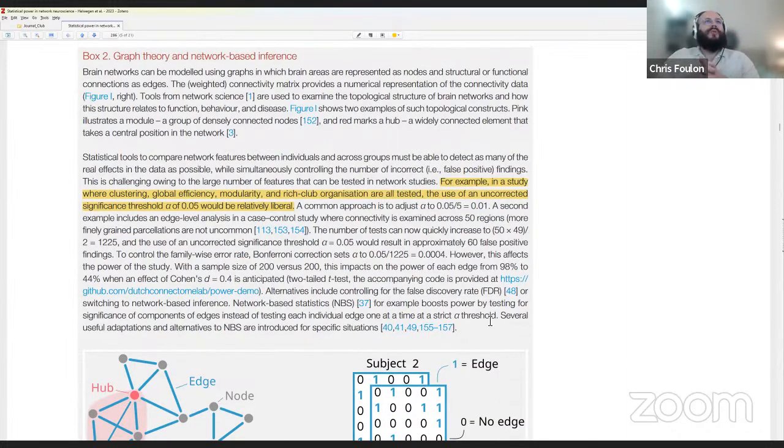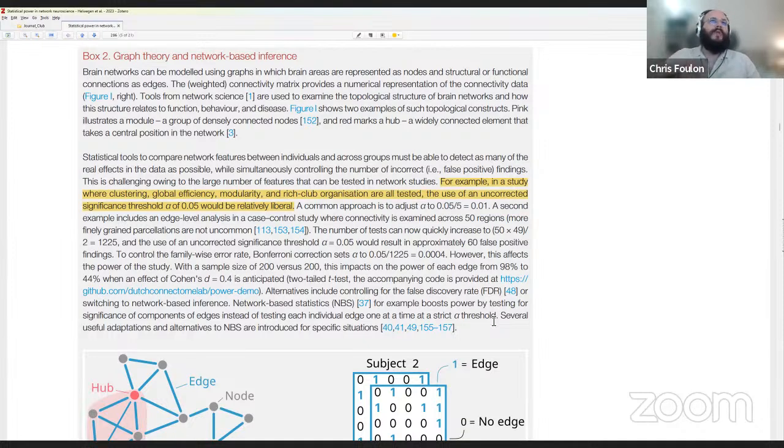They approach the connectivity studies with graph theory. So even though not all the connectivity studies are using graph theory directly, the moment you have a connectivity matrix, that's basically a graph.